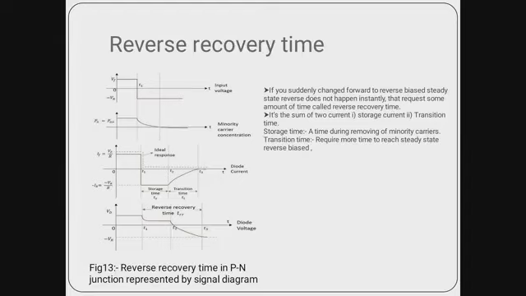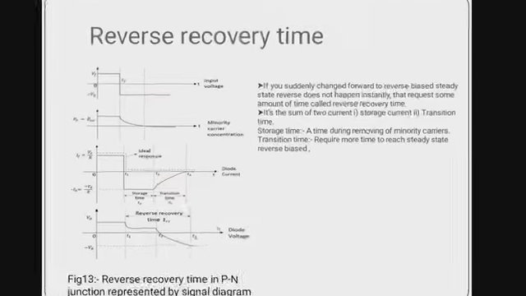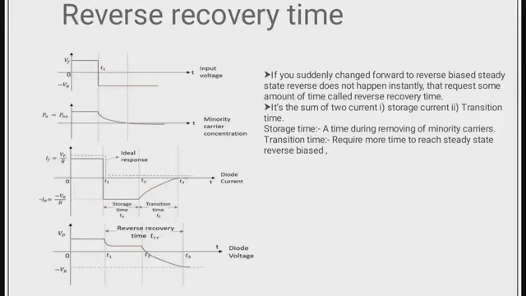It is nothing but a time if you suddenly change the voltage from forward biased to reverse, you must get a situation like what you have seen in steady state reverse biased, which does not happen instantly or very quickly, and that requires some amount of time, and that time required to change from forward biased to reverse biased is called reverse recovery time.